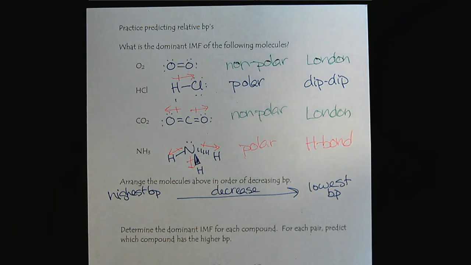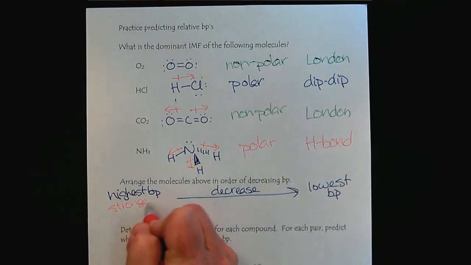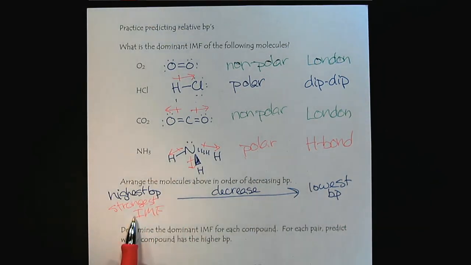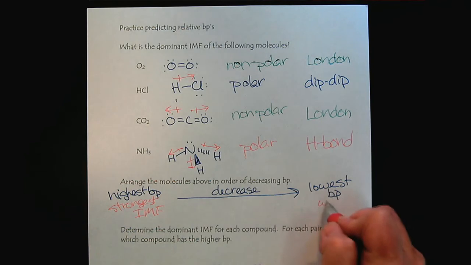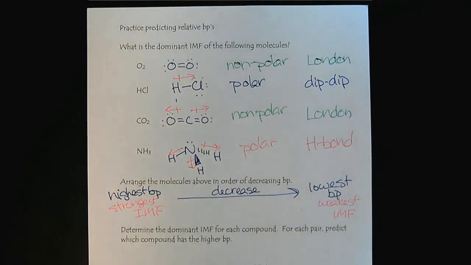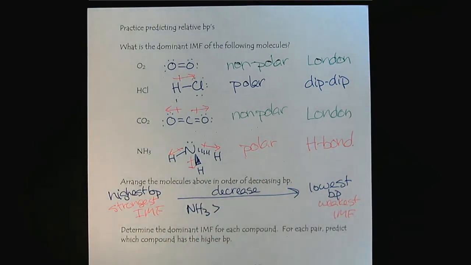So we understand that that means we have the strongest IMF here, the greatest amount of potential energy, and here we have the weakest IMF, the weakest potential energy. So we only have one H bonder. Ammonia will be our highest boiling point. It has the strongest intermolecular force.